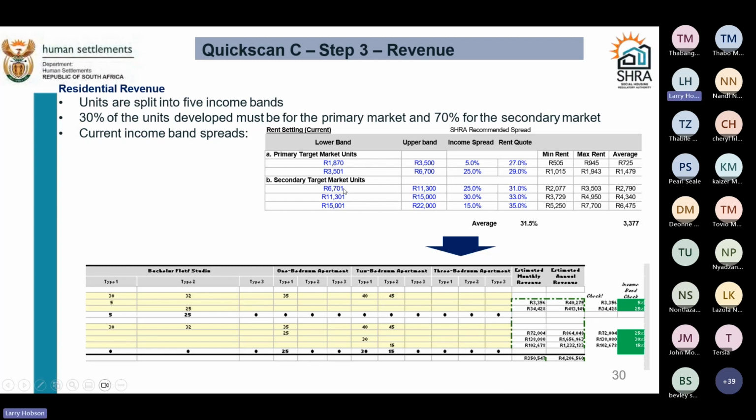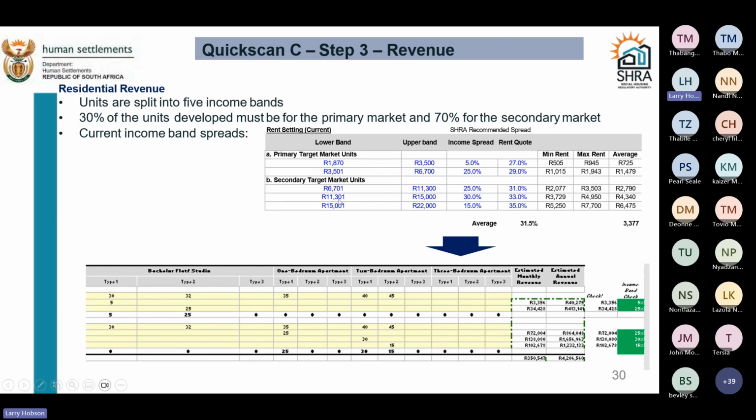Secondary market: 6,701 to 11,300. 25% of your units can be in that band. You can go up to 31% of income as rental. Minimum rent 2077, maximum rent 3503, average 2790.